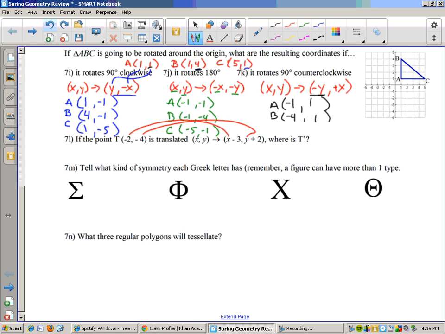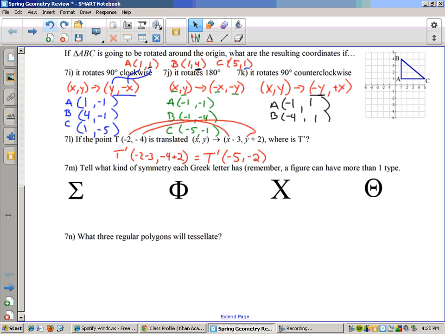And I'm going to get that T prime is going to be -2 minus 3 and -4 plus 2. Or T prime is (-5, -2).